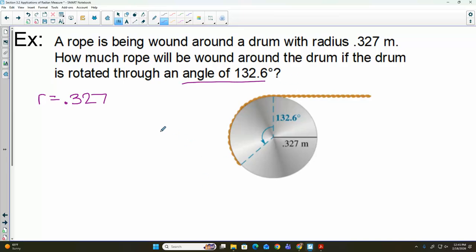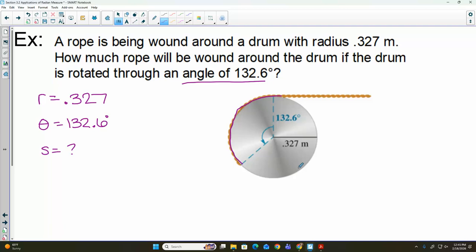So angle is what variable? Theta. So I know my theta. Okay, I want to know how much rope. What variable am I looking for? S. The distance outside the circle, that's my S.